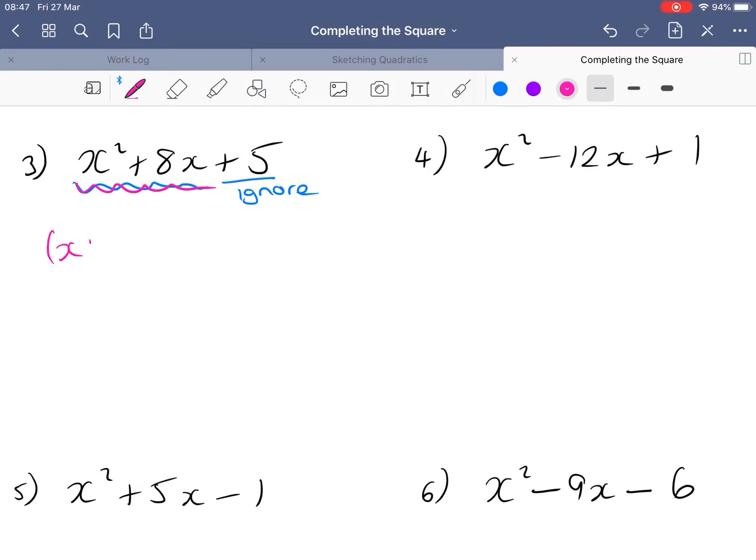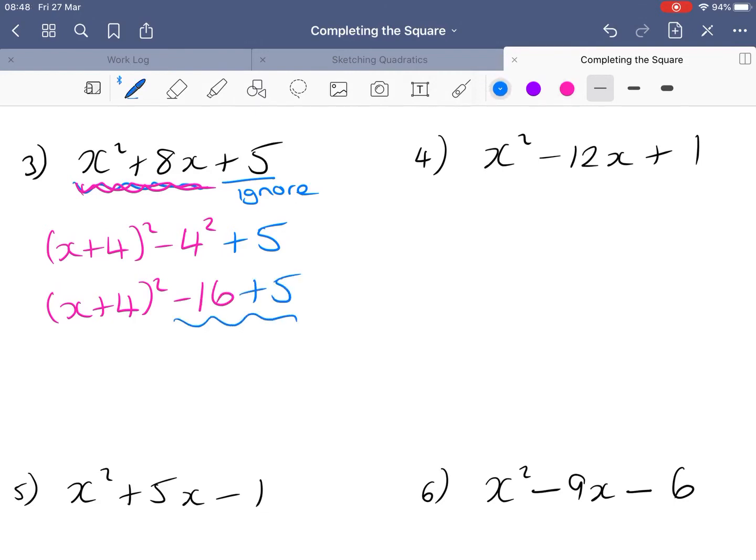I'd have x plus 4 squared take away 4 squared, because that's how I complete the square on this. But I've still got to write that plus 5 because I can't really ignore it forever. I can only ignore it while I'm doing my square part. So I've got x plus 4 squared minus 16. I'm going to keep the colour, plus 5.